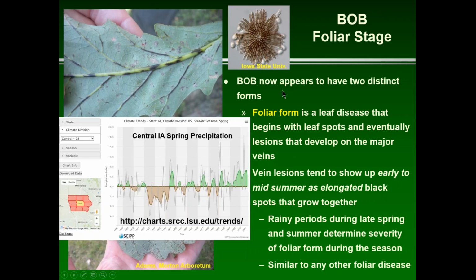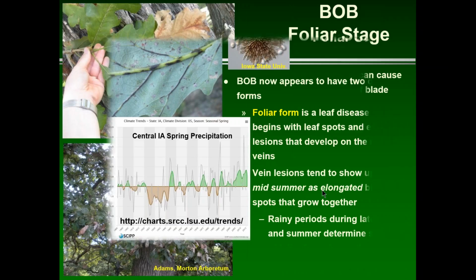So this foliar form of BOB then appears to be associated with rainy periods during the late spring and summer. We begin to get those leaf spots that show up and begin to form those lesions on the midveins and major secondary veins that lead to these larger lesions.